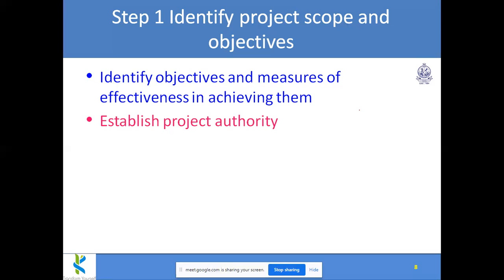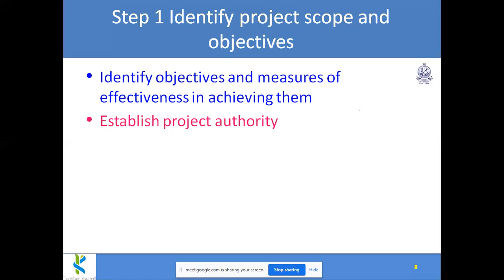So if the project authority is established, the final decision is given by that person, and confidently we can take it up. If that is not established, perspectives may differ from person to person. If everything goes fine as per plan, no problem, nothing will happen.